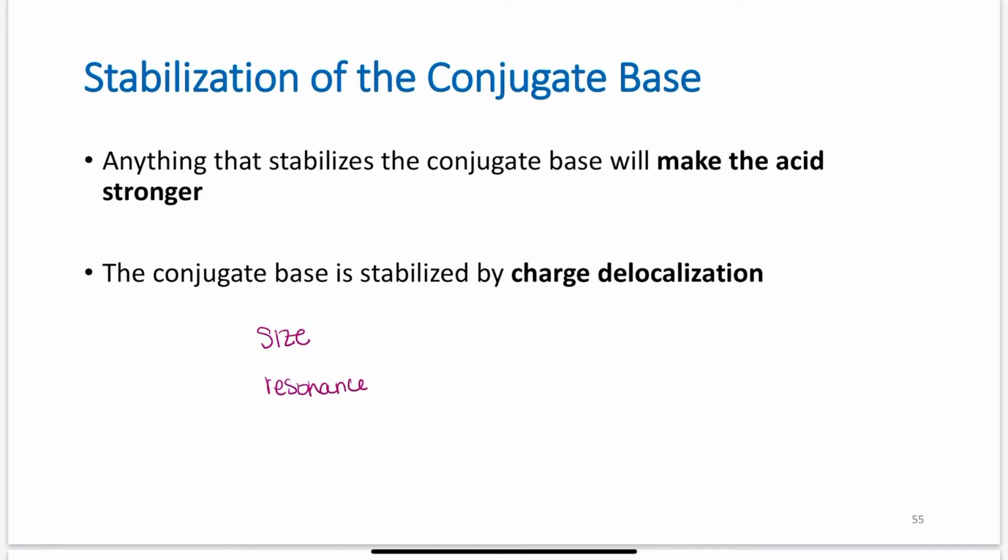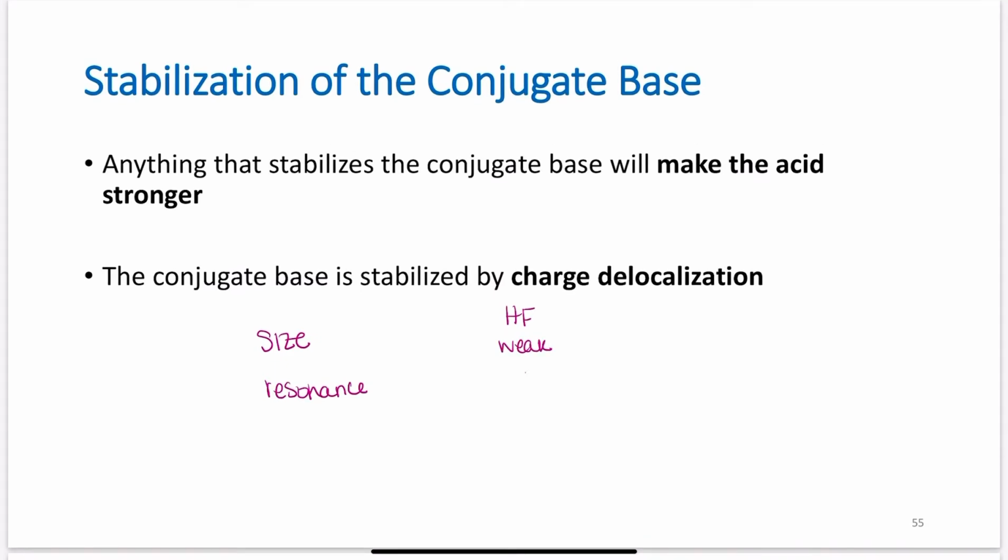So when you think about size, we know HF is a weak acid. We know HI is a strong acid. Well, F minus is really small, right? Our nucleus, and let's pretend that's a circle, our nucleus and our atom is pretty small. I minus, on the other hand, is huge.